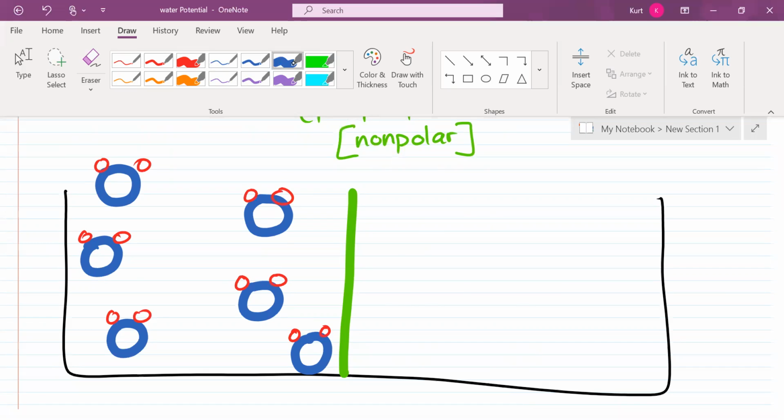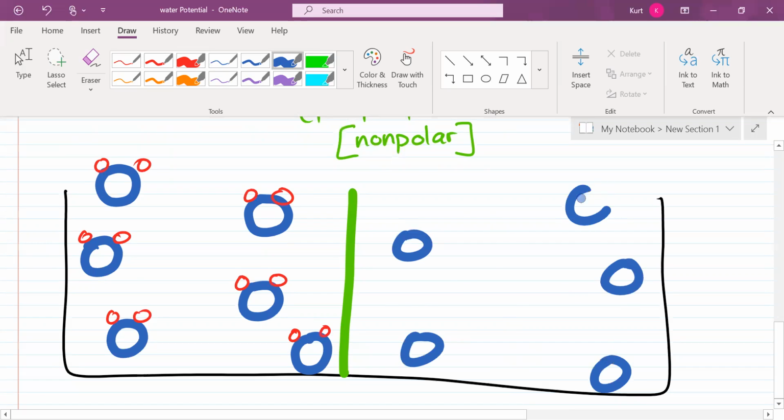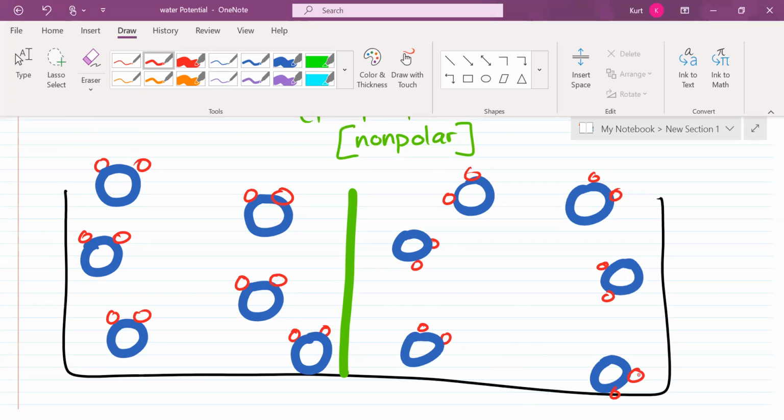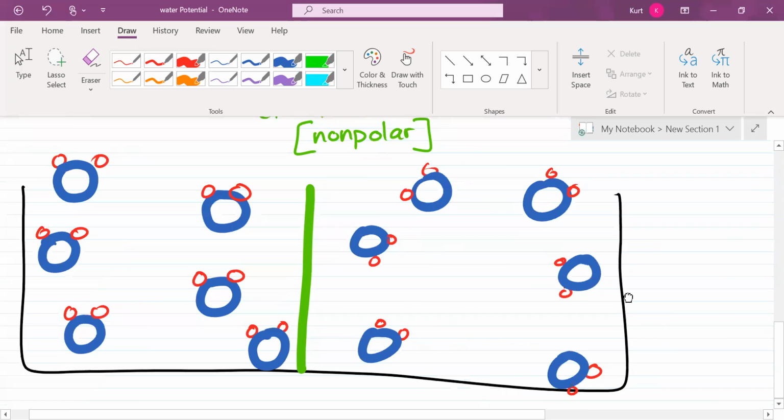It's the Mickey Mouse molecule. Okay, guys. Are both sides equal? Do I have an equal amount of water on both sides? Sure do.